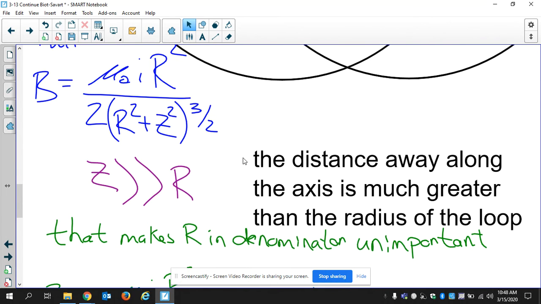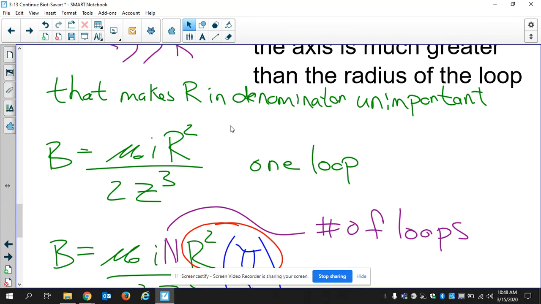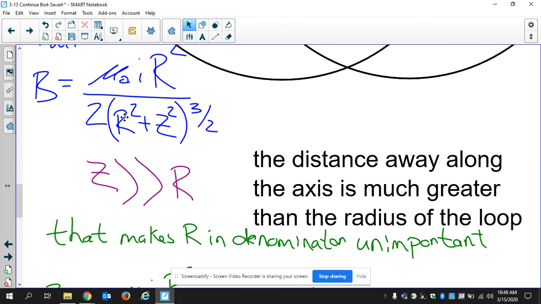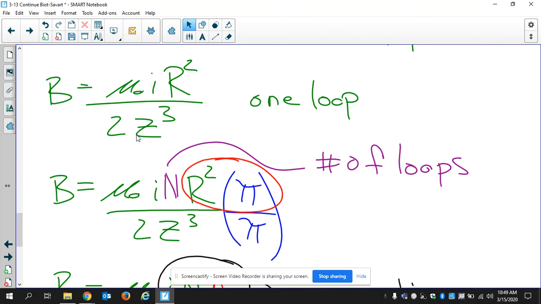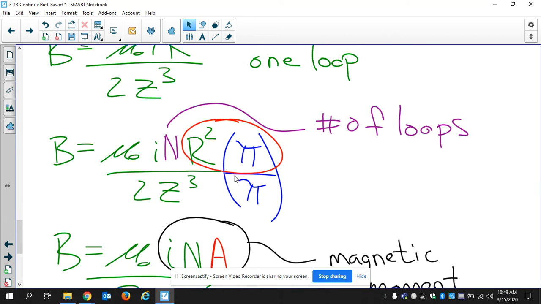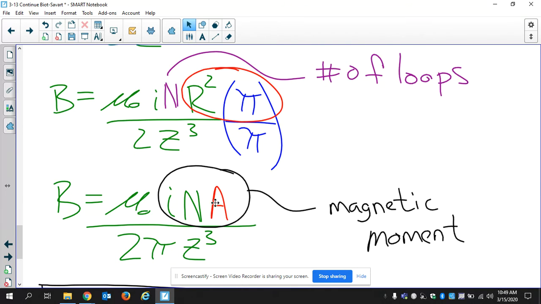But a long way from the axis, the radius of the loop really doesn't matter, and that makes r in the denominator pretty unimportant. So this would be the equation for one loop if we ditch the r. And then if we multiply by pi over pi, which isn't necessarily something you would have to do, if you look, then we have pi r squared, which makes area.